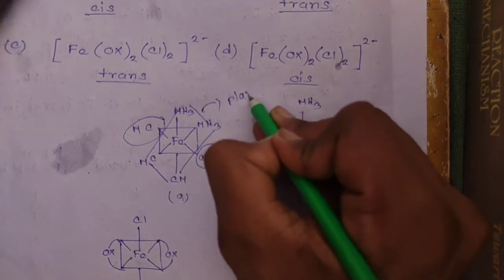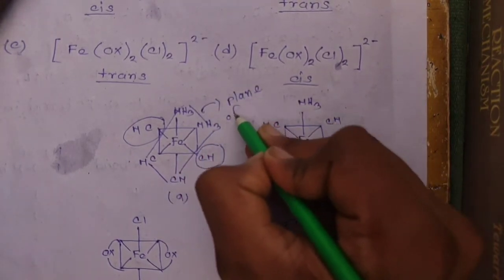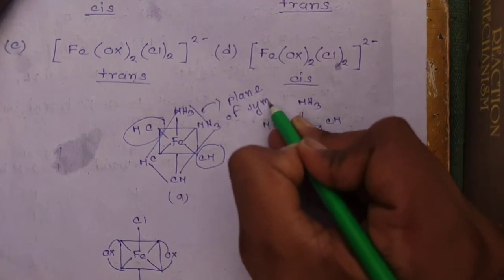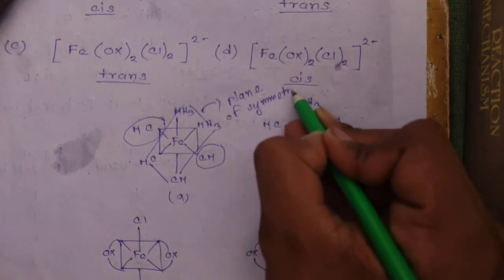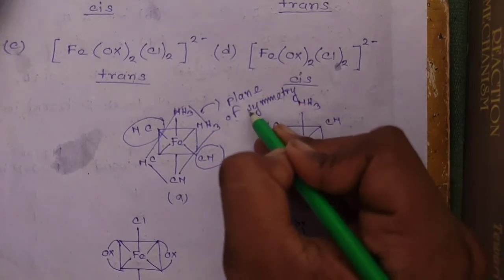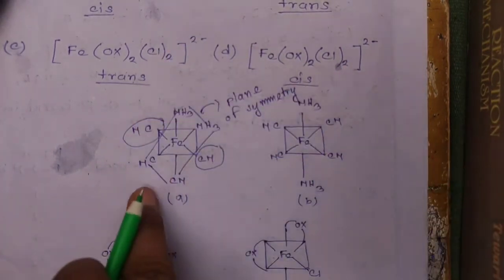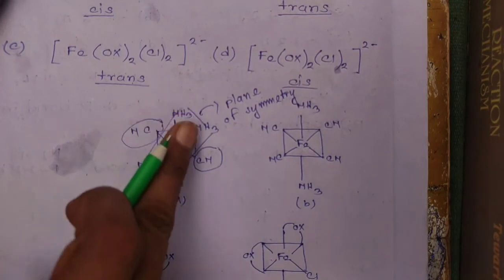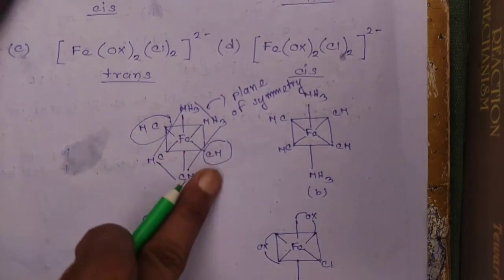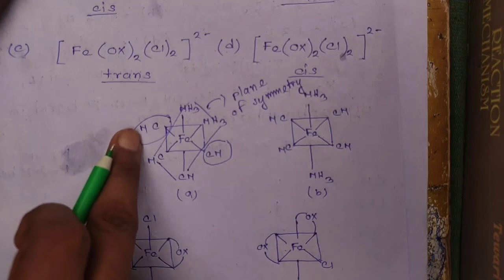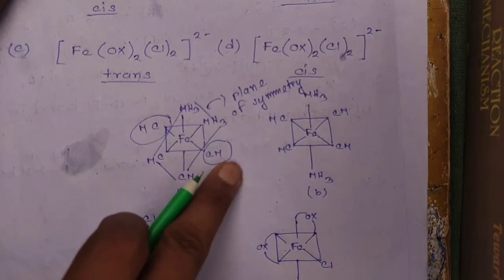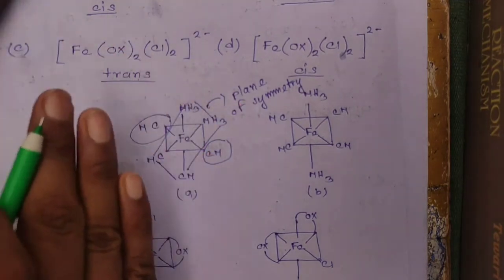What is a plane of symmetry? A plane of symmetry means this plane divides the molecule into two equal halves. This is CN, and this is also CN, so this plane just cuts the molecule.